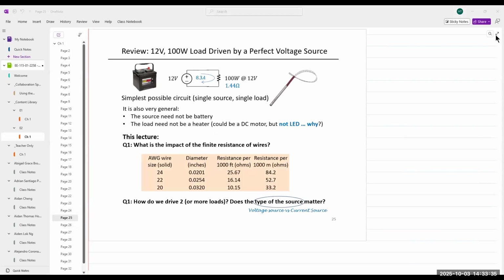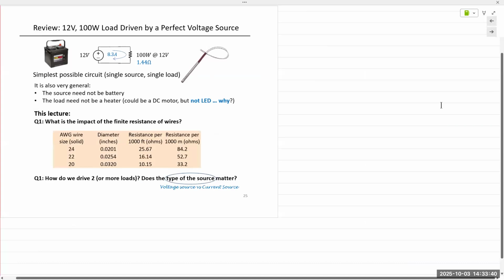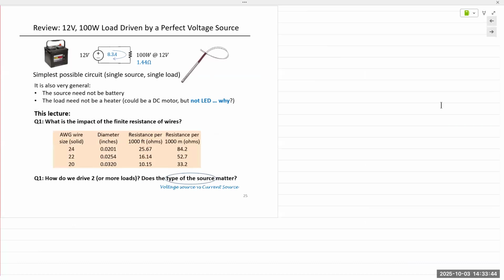All right. The next few slides are simply some additional points about the topics that we have just discussed. We saw a simple circuit where we have a voltage source, a source that supplies energy, and a load that consumes energy.